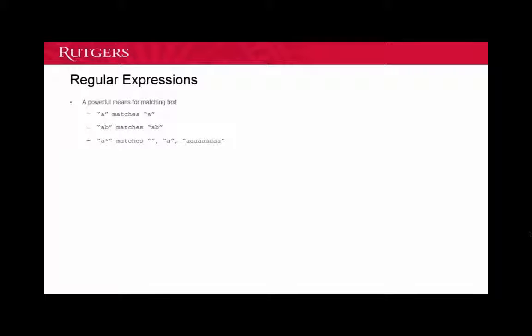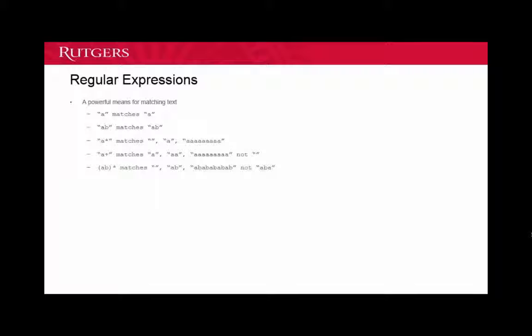So plus is different than a star. Plus says there has to be at least one A, but there could be infinite also. So it matches these A's, but not an empty string.